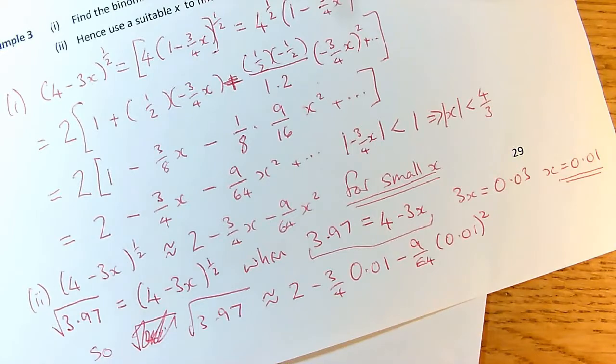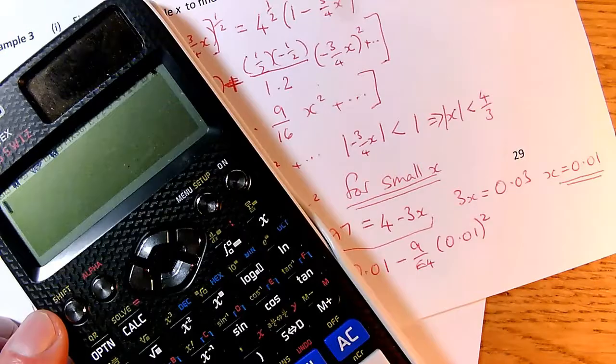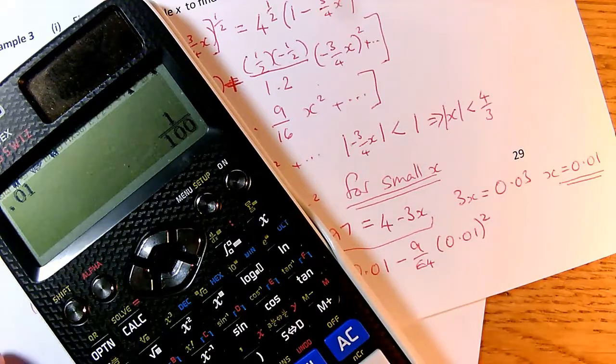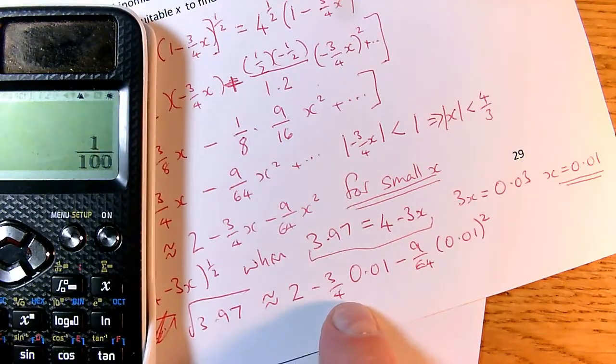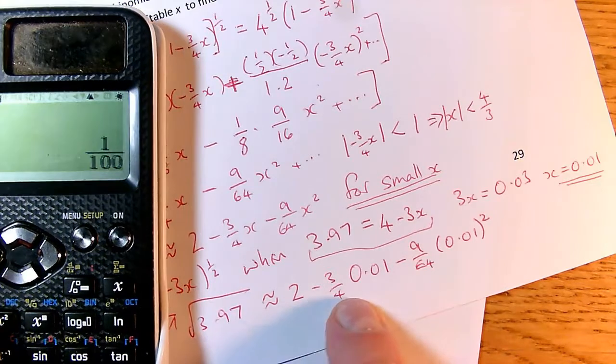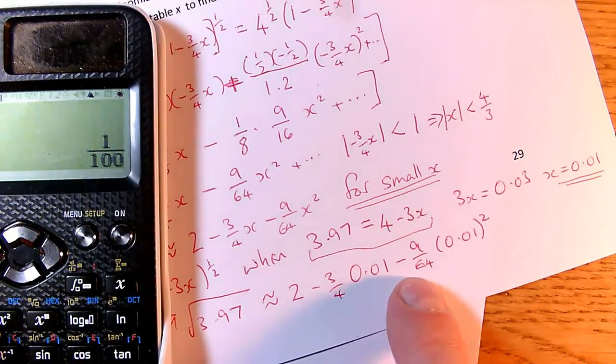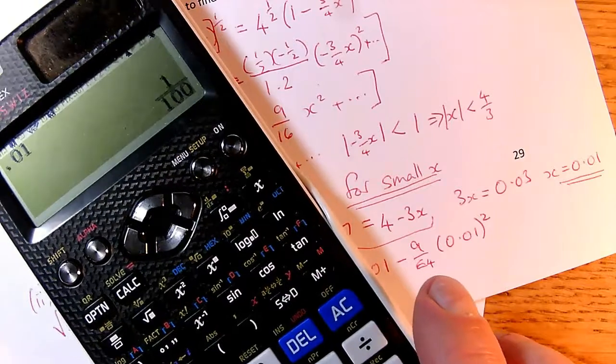And of course, I can do that on a calculator. A good trick is to use a memory or even just the answer button. If I do 0.01 and press equals, now it's got that stored as the answer. So in order to substitute the answer in here, I need to do 2 minus 3/4 of the answer minus 9/64 of the answer squared.